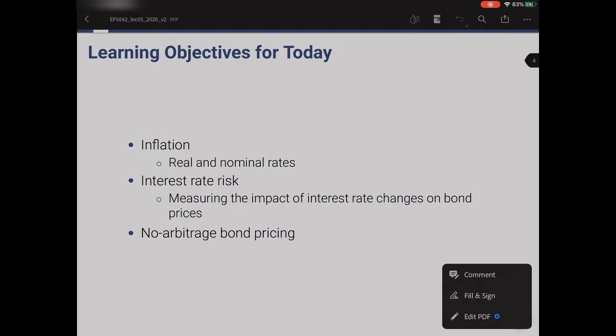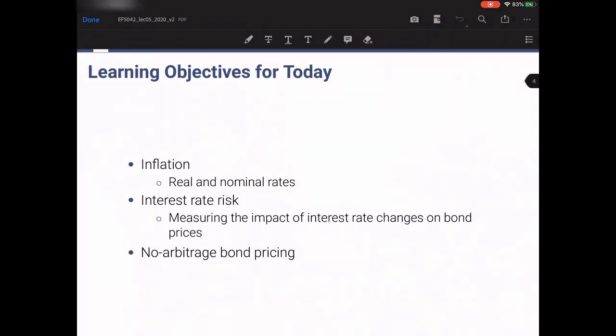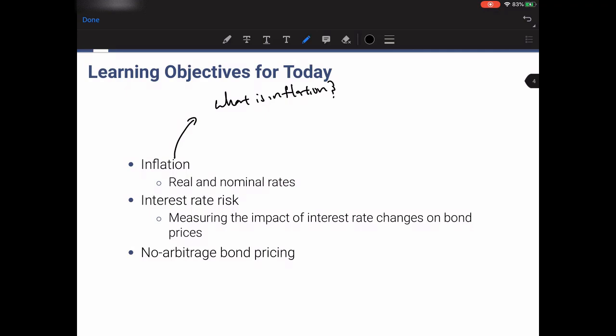So I'm going to give you basically two ways to explain what inflation is. One is kind of abstract. First, inflation is supposed to represent, so I'm going to write what is inflation. Inflation is going to represent how fast average prices increase over time.